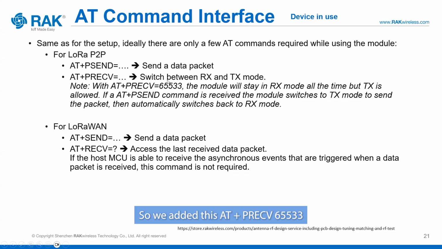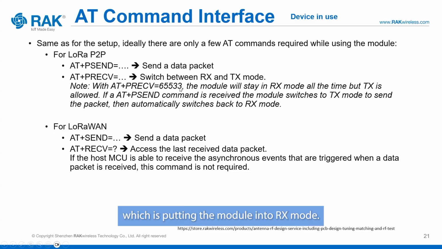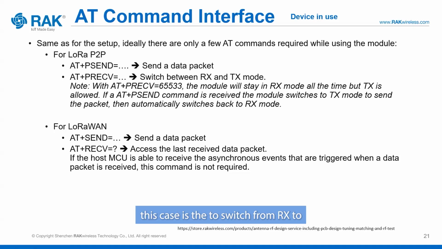So we added this AT+PRECV=65533 command, which puts the module into RX mode, but you can still use the AT+PSEND command to send data. So what is happening in this case is the module will switch from RX to TX mode, send the packet, and then switch automatically back to RX mode. So for application flows, this is much easier.